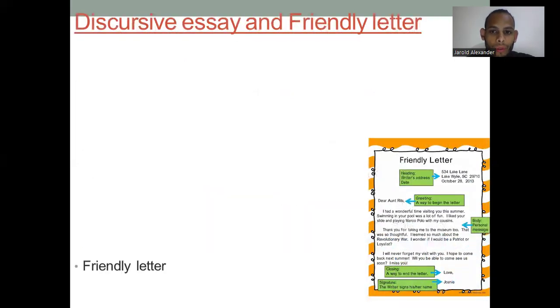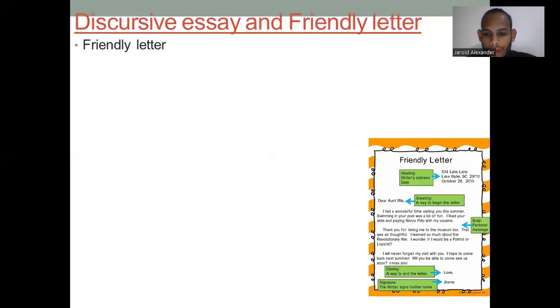So let's move over to the friendly letter, as we can see in the image. The friendly letter takes up the writer's address on the right-hand side of the page. Then it starts with the salutation or the greeting, Dear, and I see there's a little bit of an example, Dear Aunt Rita. And just skip a line below that. Then you start with the introduction, briefly stating the purpose of the letter.